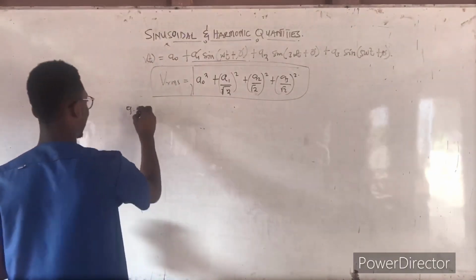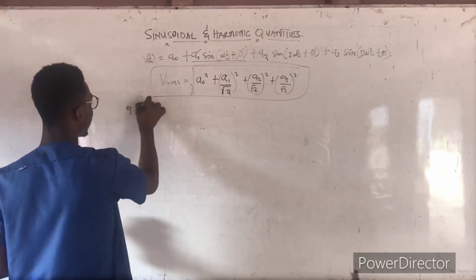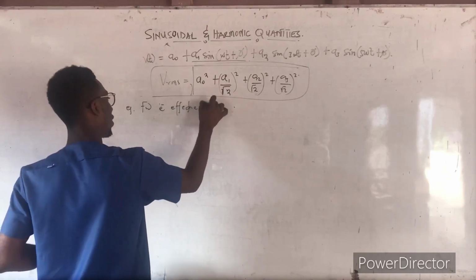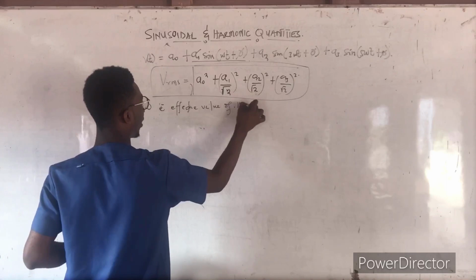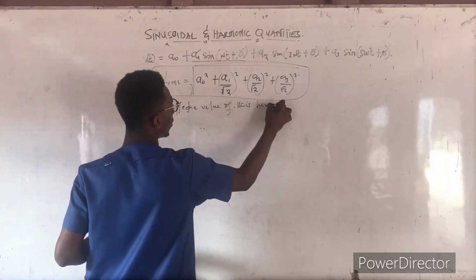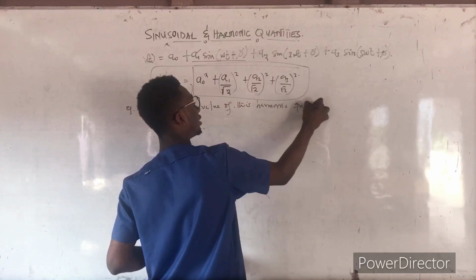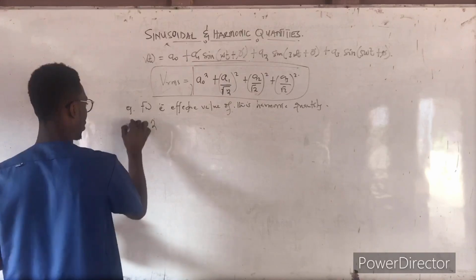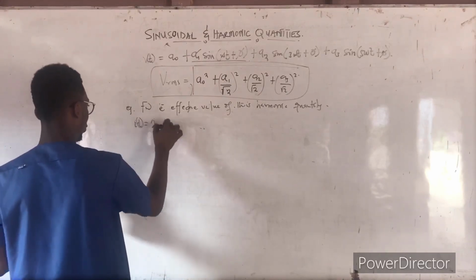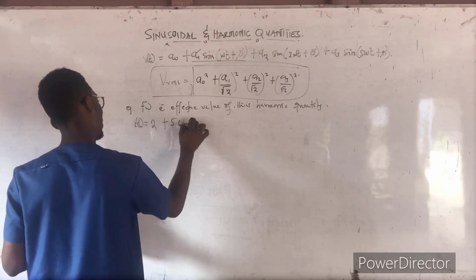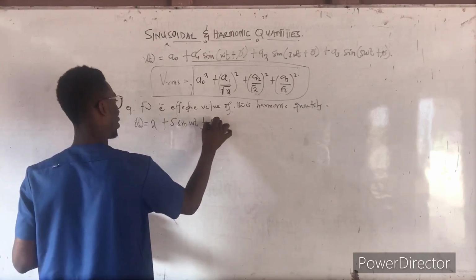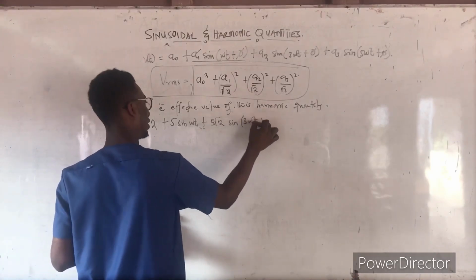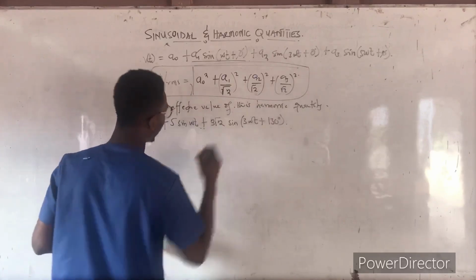So let's take a typical example. We have this question: find the effective value of this harmonic quantity. i of t is equal to 2 plus 5 sine omega t plus 3 root 2 sine 3 omega t plus a phase angle of 103 degrees.